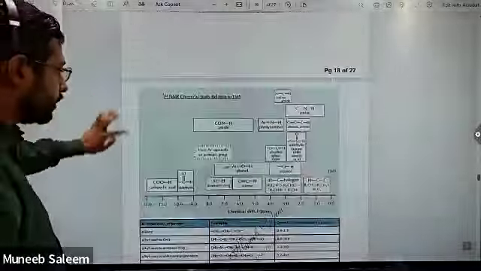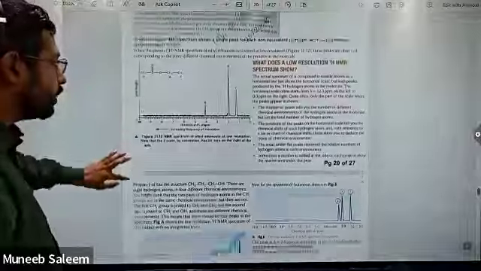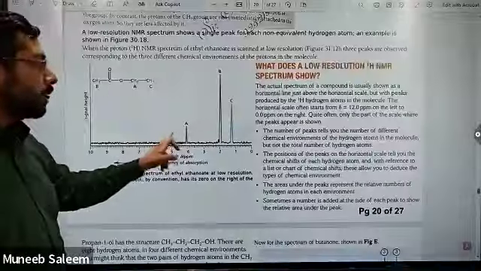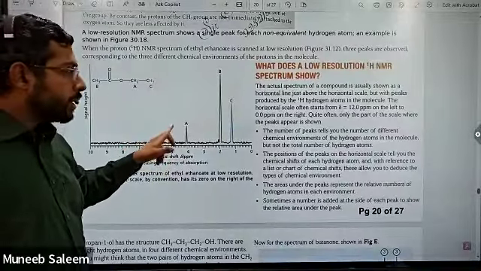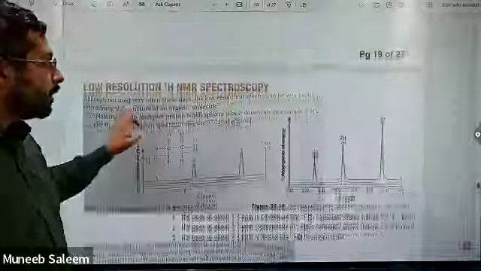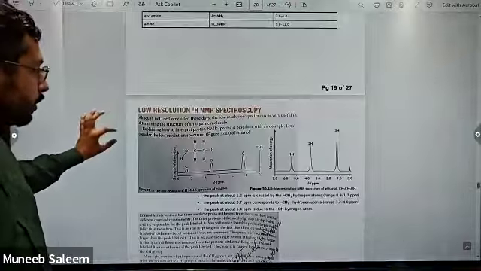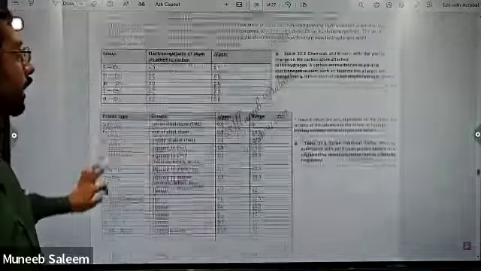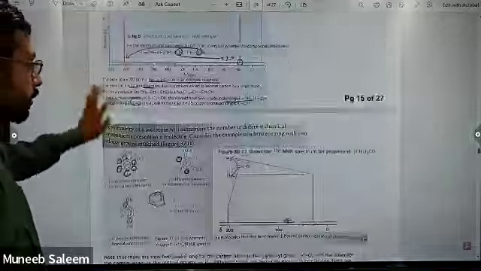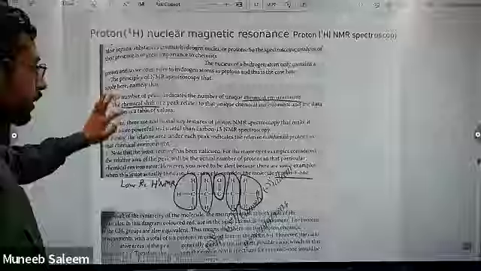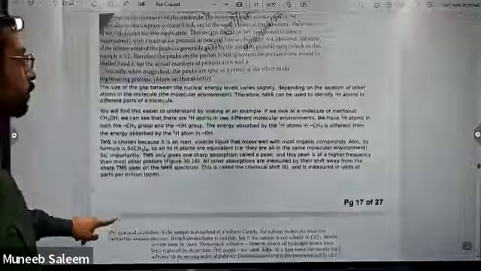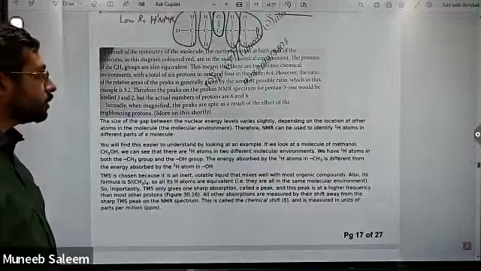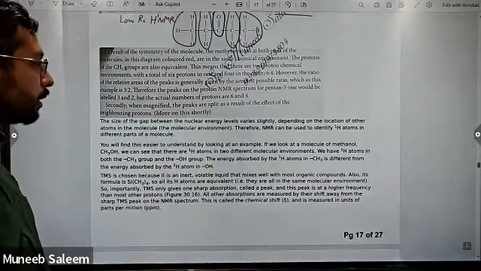We have these types of peaks for the hydrogen NMR, and we will discuss some examples to know how they are produced. To identify which hydrogen is there in the compound, you have to use the values from the table.